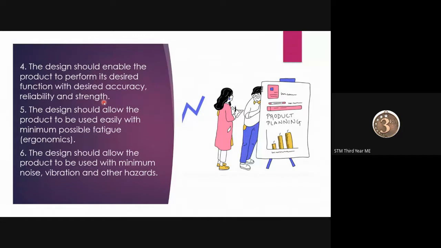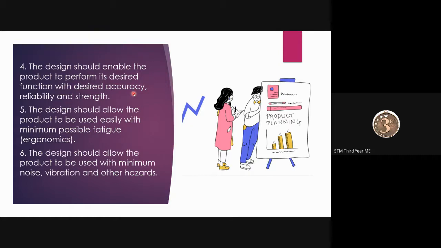And how must it perform? If you are using the chair and it is okay for about a week, but after a week it fails or breaks down, what happens there? The function is satisfied, but it does not have the desired accuracy, reliability, or strength. So that is another key point. It must perform the desired function with the desired accuracy.